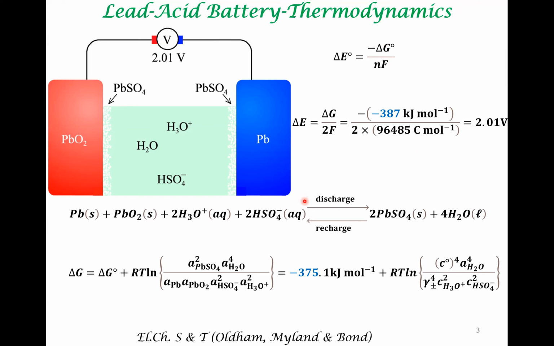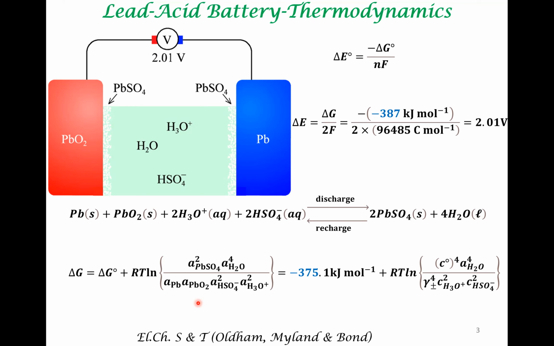Let's get into slightly more thermodynamics. So we have this overall reaction. Because we are looking at the potential using free energies, it's good to write the free energy in terms of delta G is equal to delta G naught plus RT ln equilibrium constant, right? This is from basic chemical thermodynamics. We have looked at these things in previous lectures. If you're unsure of this expression, please look at the previous lectures.